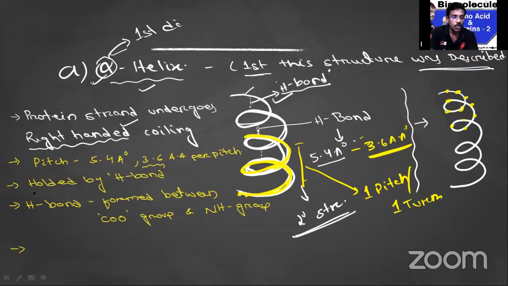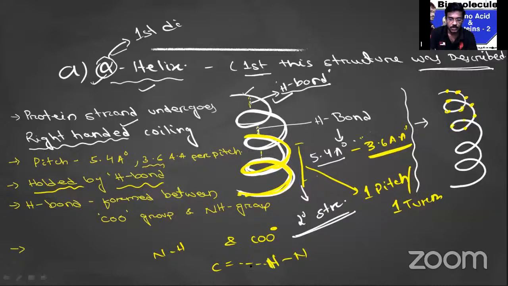Then they are held by hydrogen bonds. We will see another structure, and then we can confirm how this hydrogen bond is formed. Actually, the hydrogen bond is formed between the NH group and the C=O group of the amino acids in the protein chain.